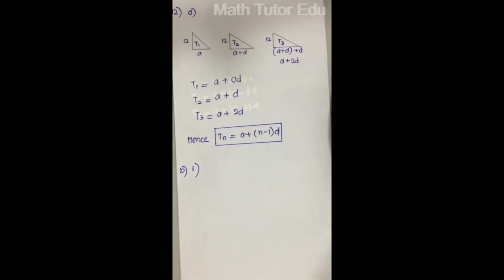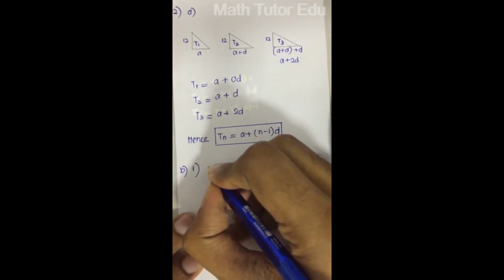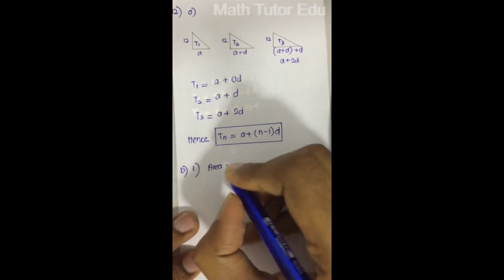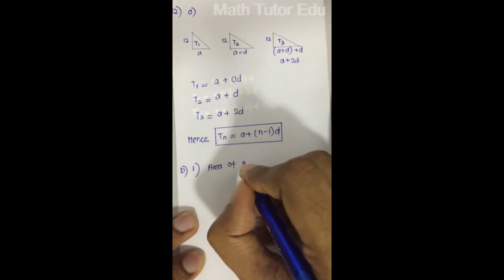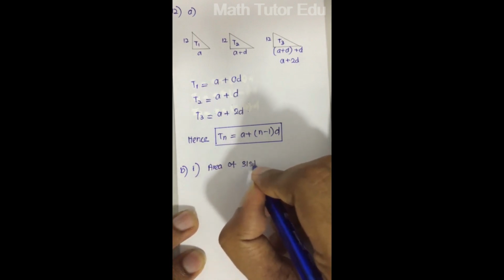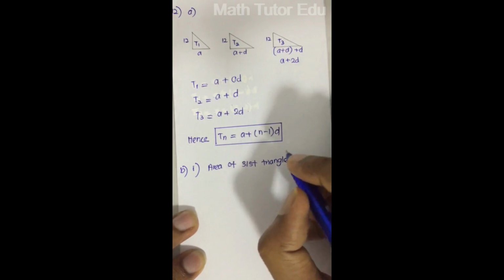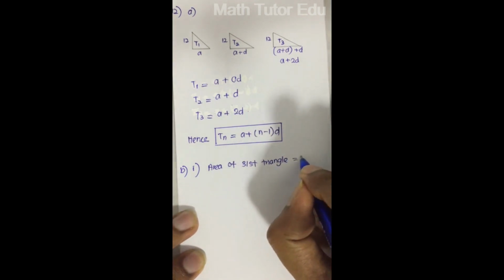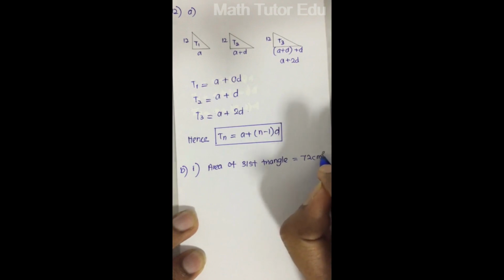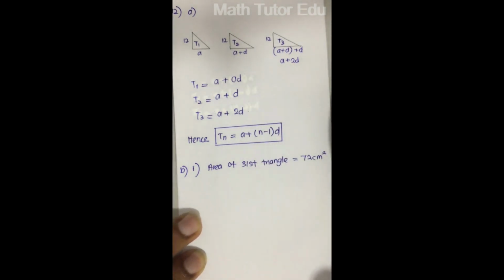That's what it means. So let me write in the working that area of 31st triangle is equal to 72 centimeter square. The first step is we need to find the length of the base of the 31st triangle.